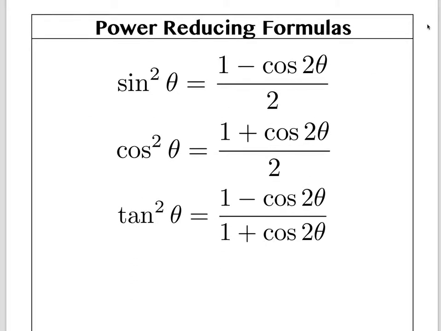So write these three down real quick for me. Power reducing identities. And what do they call this power reducing?